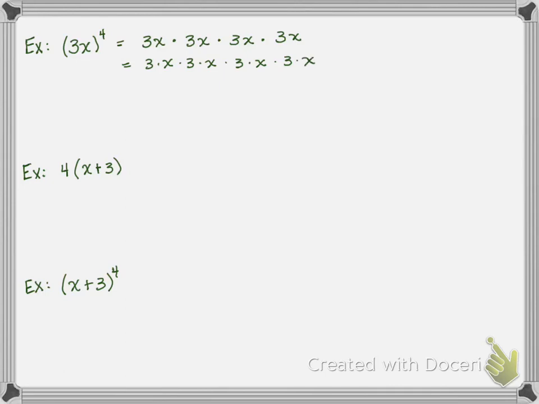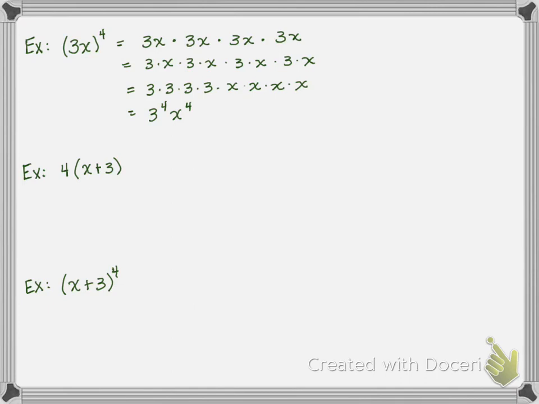And because it's all 1 operation, I can use the commutative property of multiplication, which says that you can multiply in any order, right? 2 times 5 is the same as 5 times 2. And so I can move these factors around and say this is 3 times 3 times 3 times 3 times x times x times x times x. And now that I've reorganized those, this is just 3 to the 4th, and this is just x to the 4th. So I had a product inside the parentheses, and I can apply the exponent to both factors.